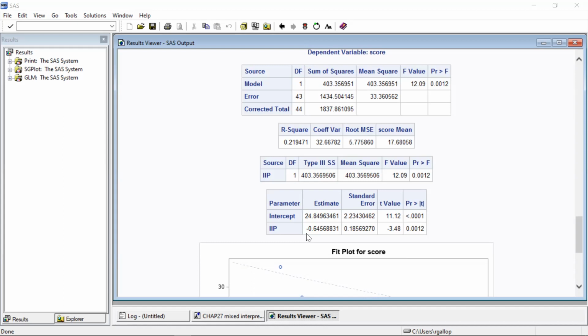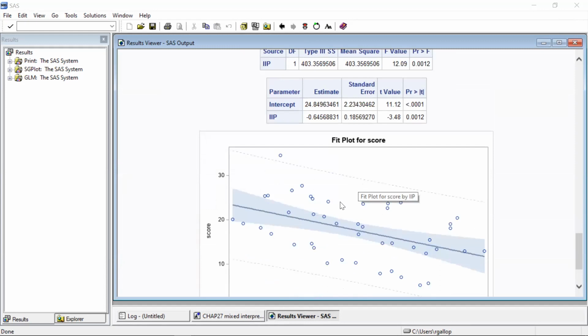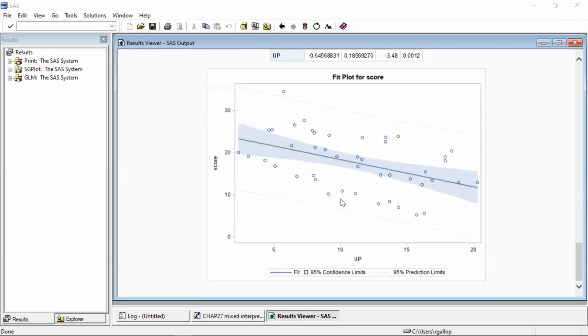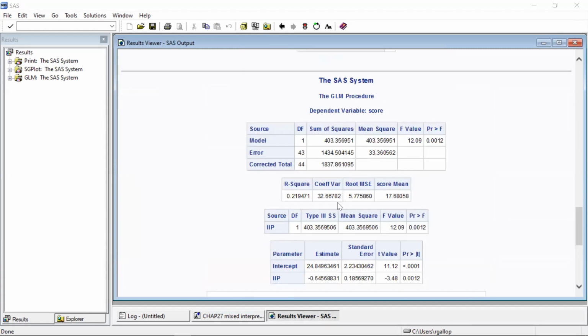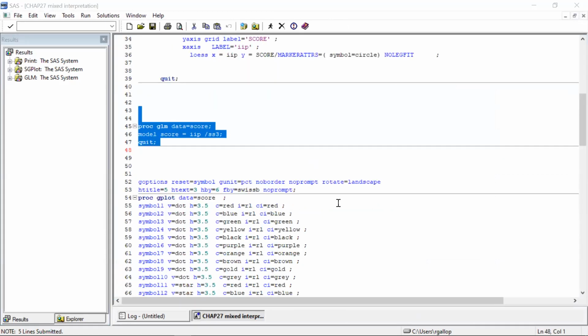If I take the square root of that R squared, it gives me 0.468, but we see the coefficient is negative. So thinking of this as a simple linear regression, we're seeing a correlation coefficient of negative 0.468. That's what we'd say, and the data looks like it makes sense.